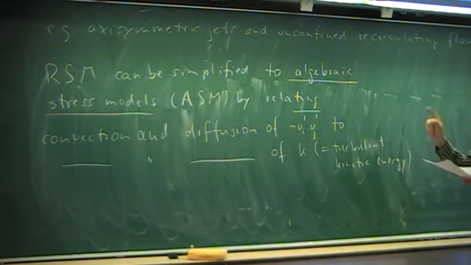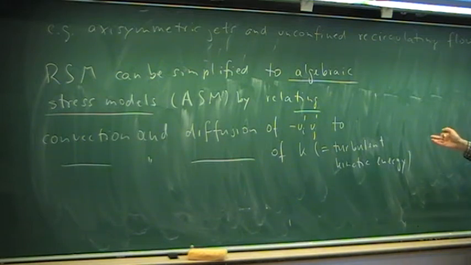And that is just one PDE that we have to solve for that. Usually you solve it in combination with the transport equation for the epsilon, the dissipation rate that we discussed earlier, but then you have only 2 equations as opposed to 7. And then you have just algebraic relations.